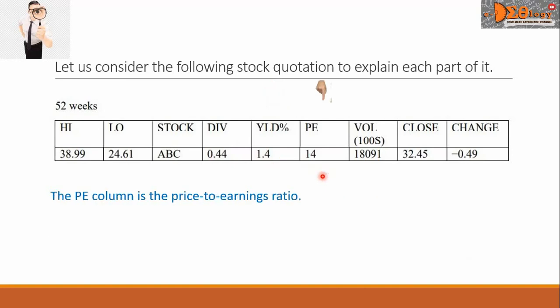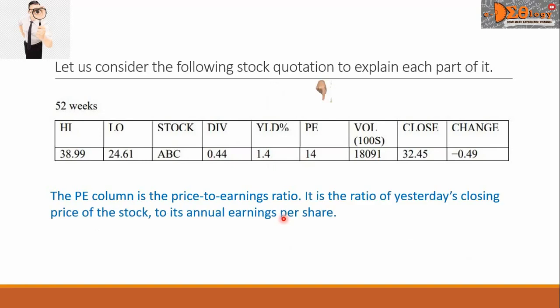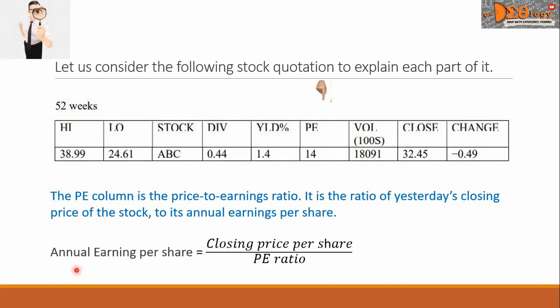The PE column is the price to earnings ratio. It is the ratio of yesterday's closing price of the stock to its annual earnings per share. In relation to this annual earning per share, we have this formula: closing price per share over the PE ratio.